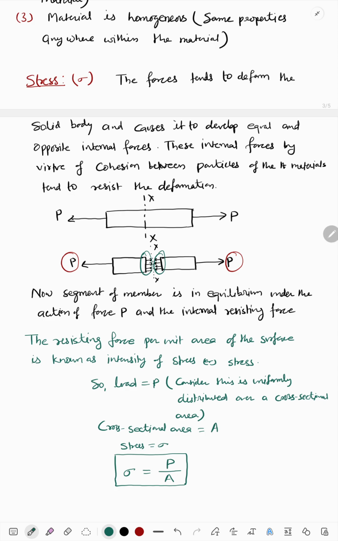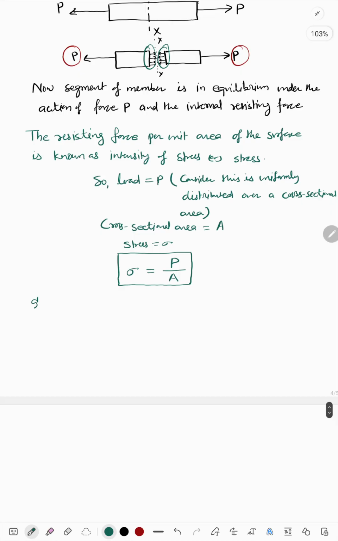If the intensity of stress is not uniform throughout the body, then we consider a number of small points, and it can be defined as sigma equal to delta P by delta A. That means the load is not distributed uniformly, so at every point we have different loading conditions.